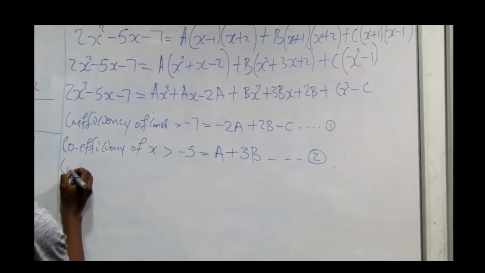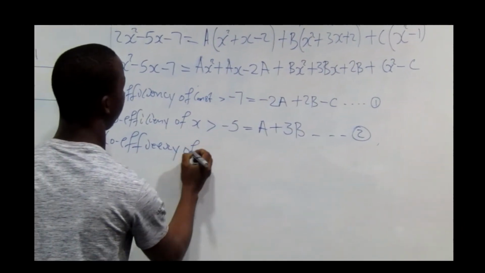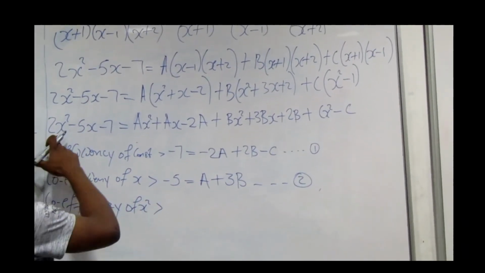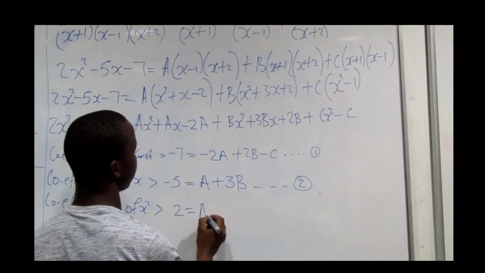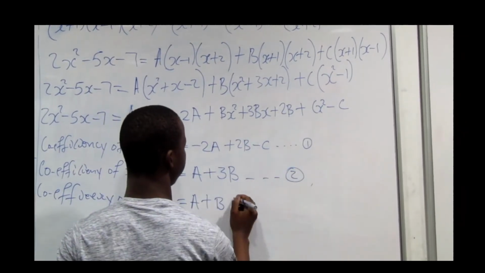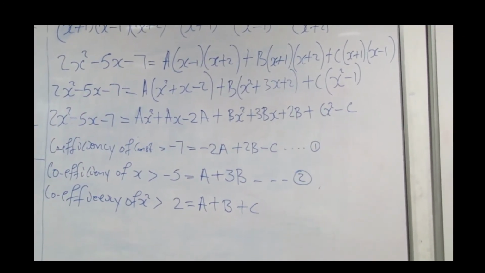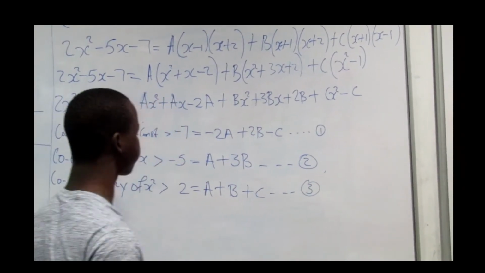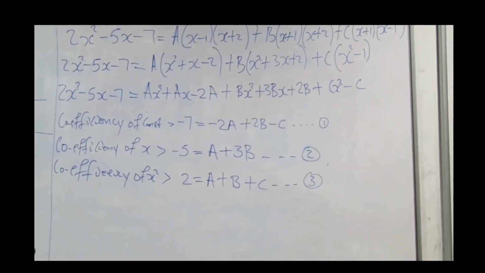Then coefficients again, coefficients of x squared. Here the coefficient of x squared is 2, equals a plus b plus c. So from there we say this is our equation 3. Then from here we need to find the values of a, b, and c.